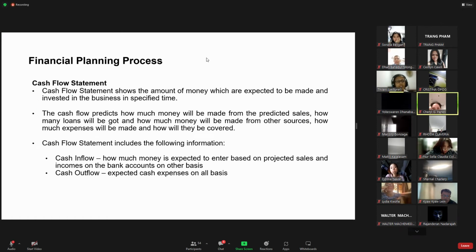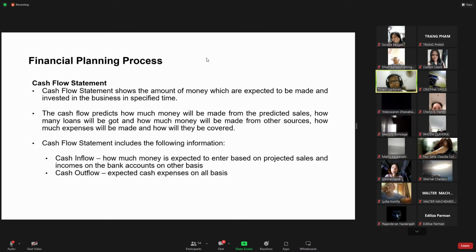So the next one is cash flow statement. What is a cash flow statement? Okay, so a cash flow statement shows the amount of money which is expected to be made and invested in the business in a specified time.